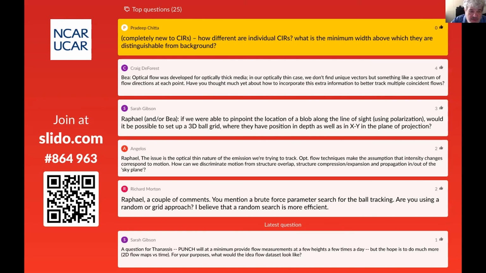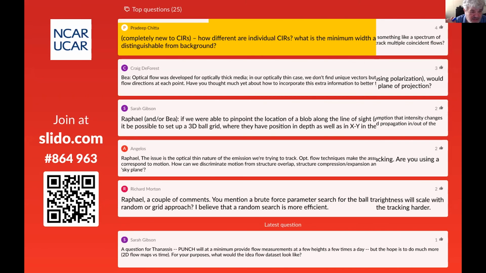Actually, I had written a question for Vic onto the Slido, but I think it got lost in some other thread. So I have a question, and it relates to a comment. The comment is that the CIRs, the way they develop canonically, actually start off being shear layers, and as they move out further, they sort of convert from being shear layers into compression layers.